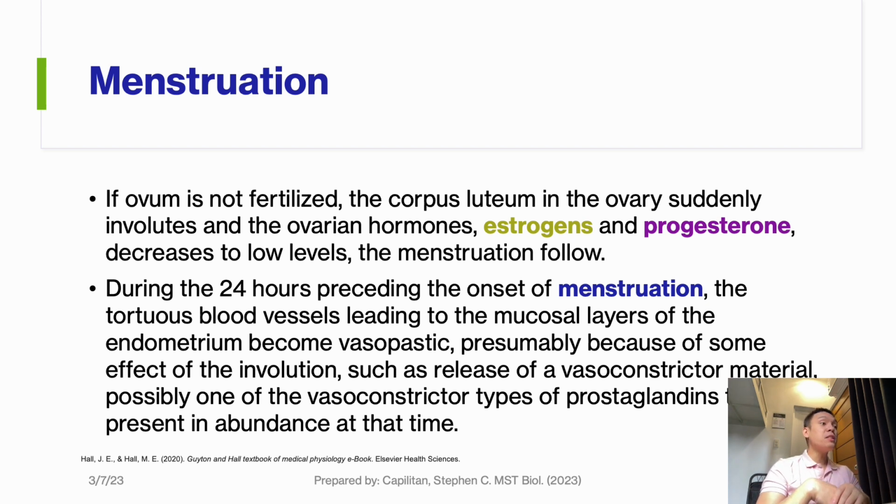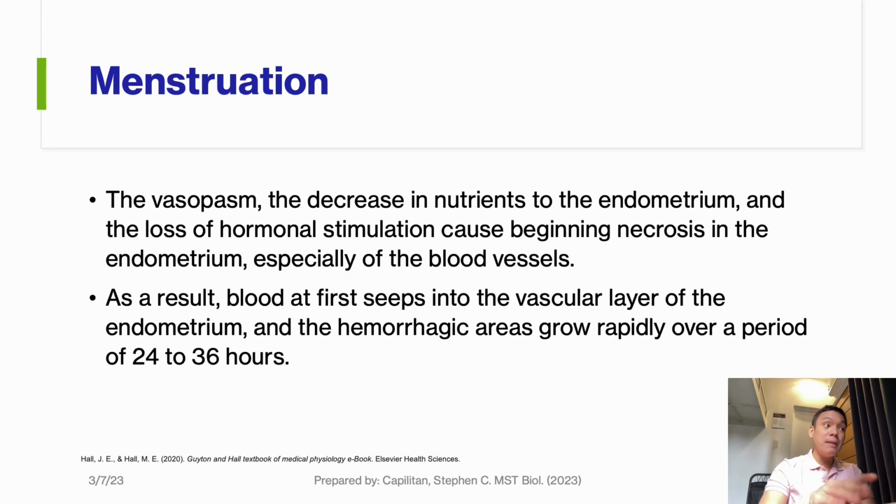During the 24 hours preceding the onset of menstruation, the tortuous blood vessels leading to the mucosal layers of the endometrium become vasospastic, presumably because of some effect of the involution and the release of a vasoconstrictor material, possibly one of the vasoconstrictor types of prostaglandins, which are present in abundance at that time.